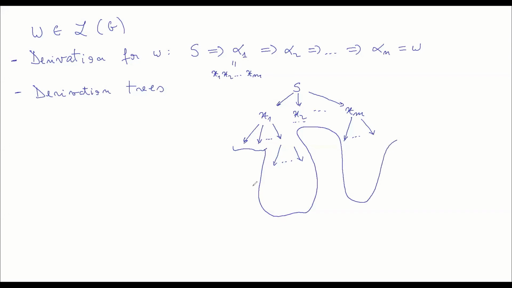So this will become a little bit clearer in a moment when we give a few examples. But I just want to introduce this notion of derivation trees. These are also called, especially in computer science when it comes to programming languages, parsing trees. So for a program that you're writing, there will be a parser, and that parser will tell you if you have any syntax errors.